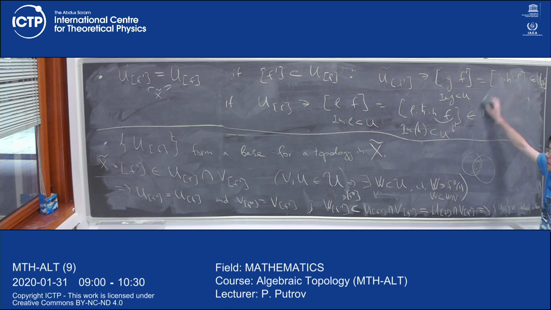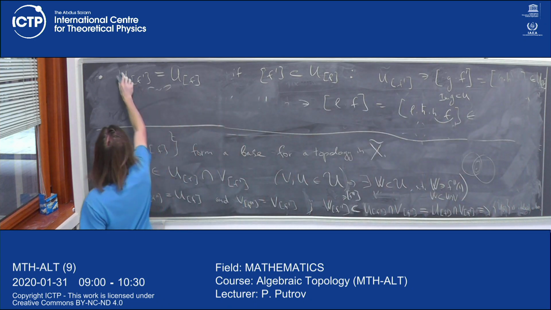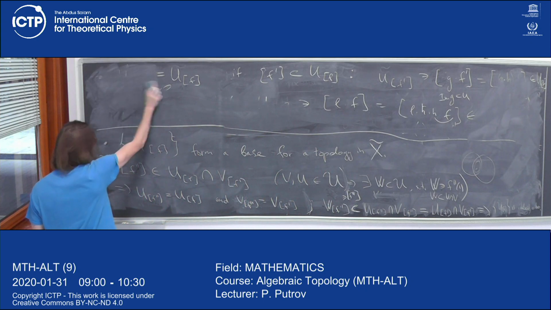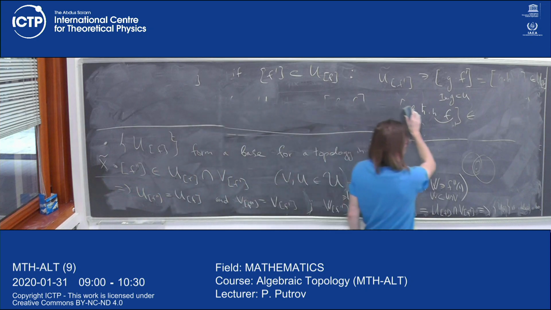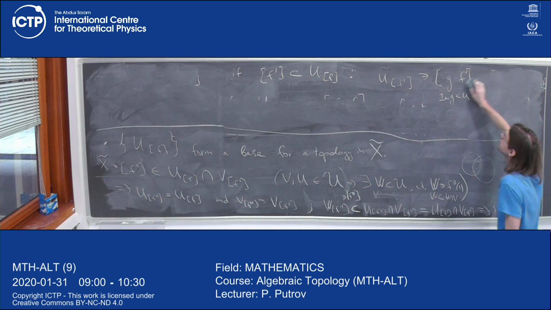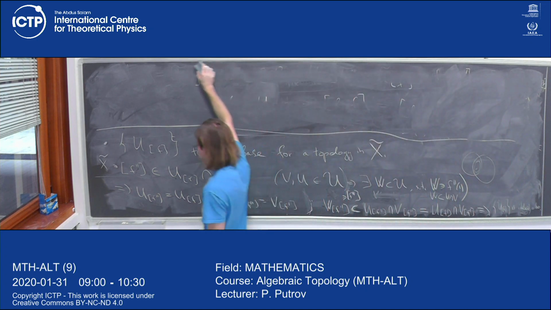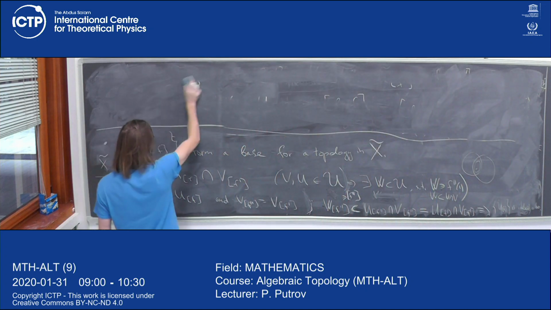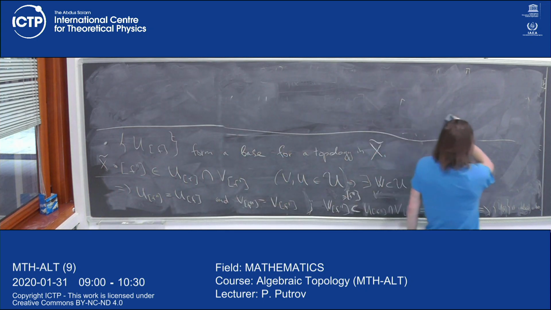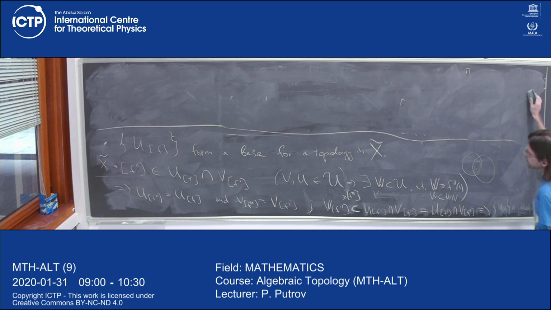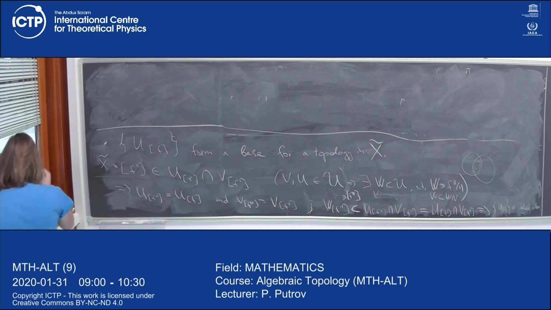So this equips X tilde with a topology. Now we want to check that the covering map P, which we defined just as a map between sets, satisfies the condition on the covering map.